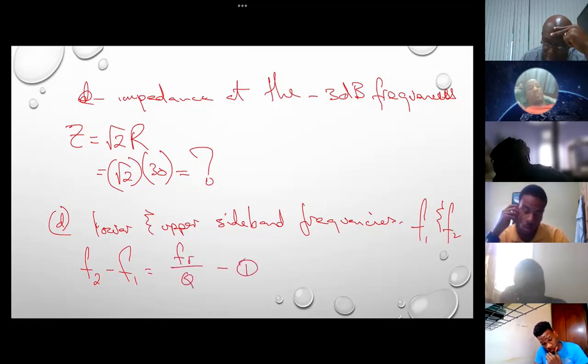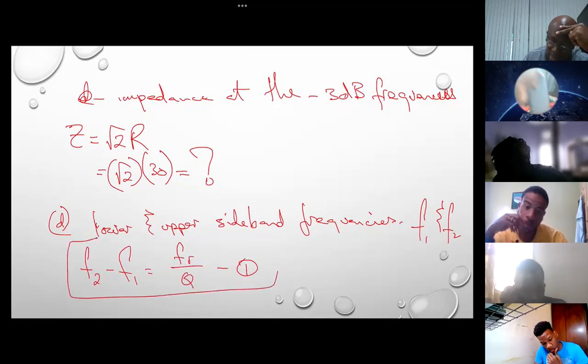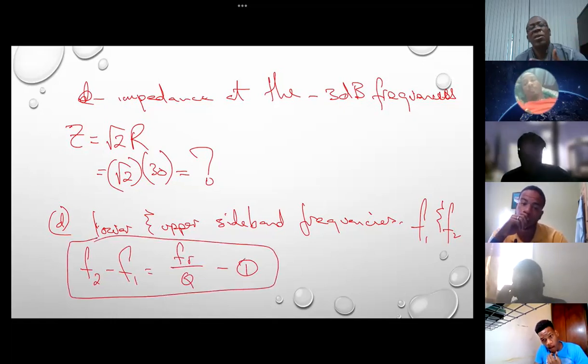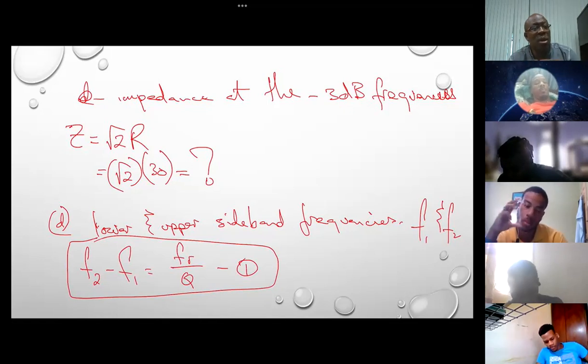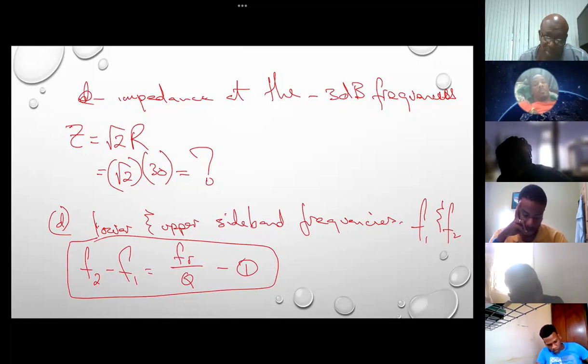So that's your first equation. Here you have an expression which gives you a relationship between F1 and F2 and the resonant frequency. The same equation that you mentioned also brought you to another place. What was it? Bandwidth equals FR over Q. Yeah, man, that's the first one he just gave me.